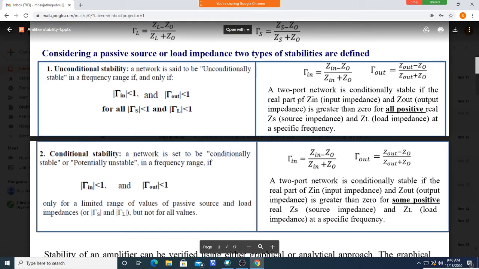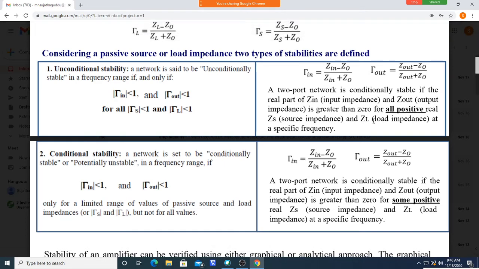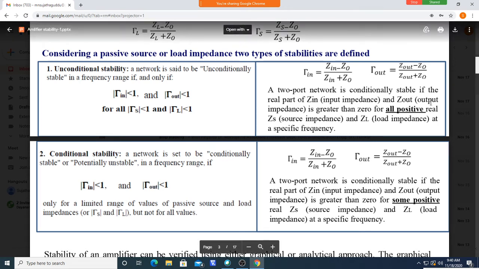A two-port network is unconditionally stable if the real part of Zin and Zout is greater than 0 for all positive real values of Zs and ZL. This statement you should write.